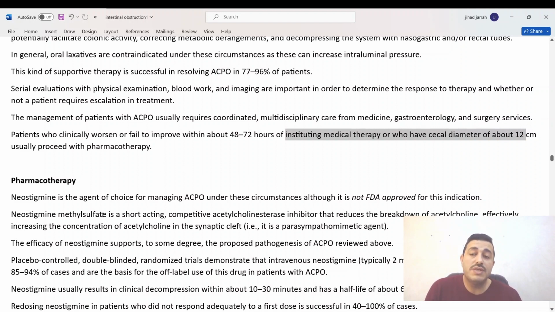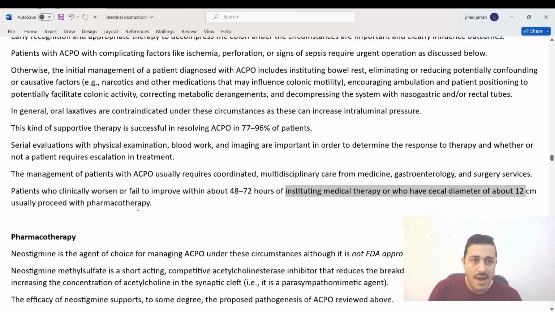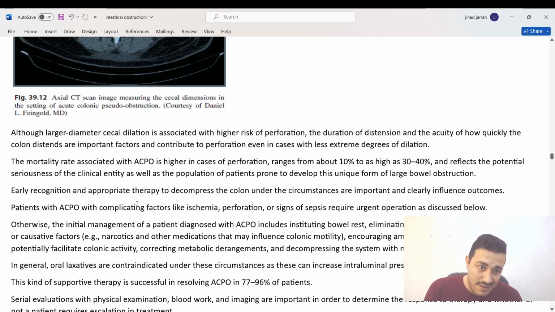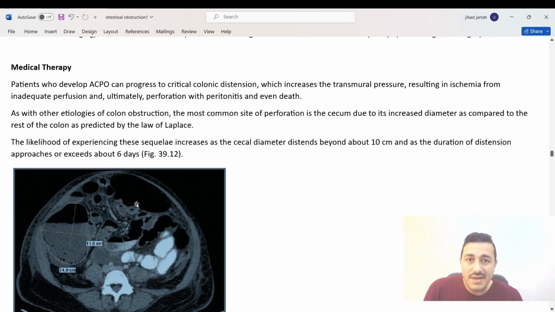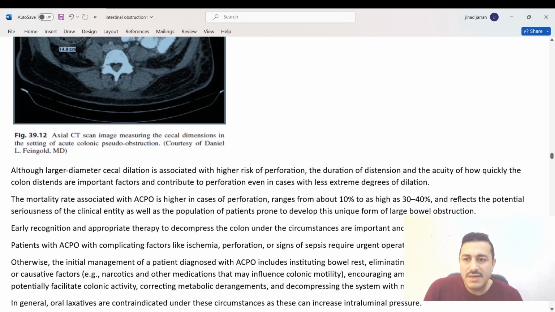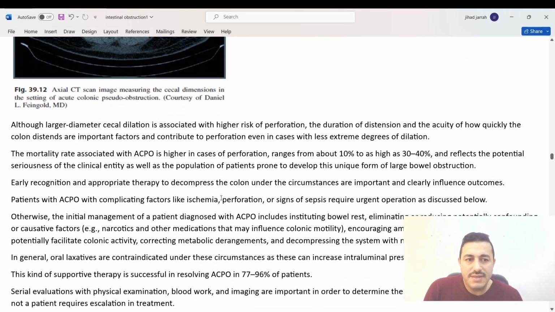So we have to proceed to the pharmacological treatment. I like this information. I know that I repeat it more than 3 to 4 times, but it's interesting. I found it here. It's about the acuity of the distension.